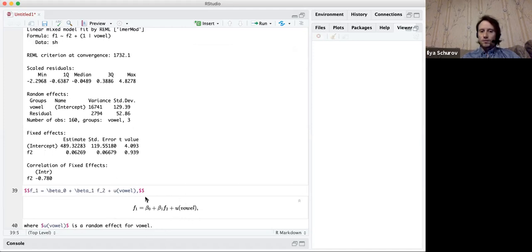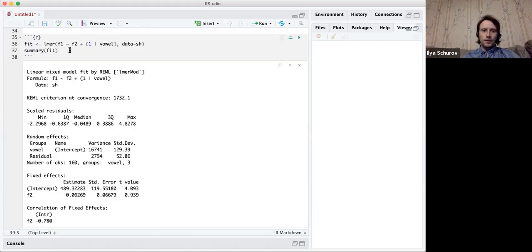And our law is like this one. And this is the result of our fitting. And we have some information about our random effects. In this case, we have only one random effect, that is this vowel random effect, and we have information about its variance. We just see how different values of this u we have here.